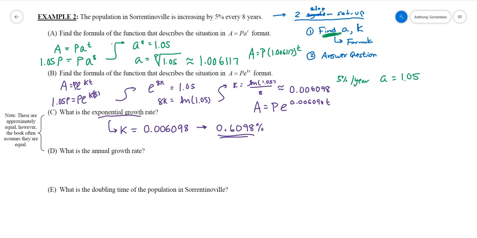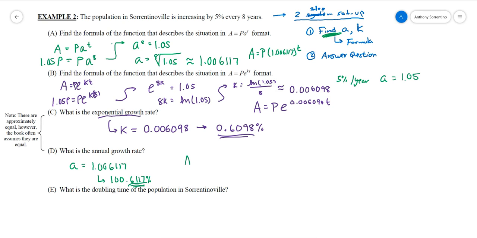The annual growth rate comes from actually a. The a equals 1.006117, which, if I wrote it as a percentage, is 100.6117%. Well, that's an amount that is telling me what the growth rate is, because anything over 100 is how much it grew.